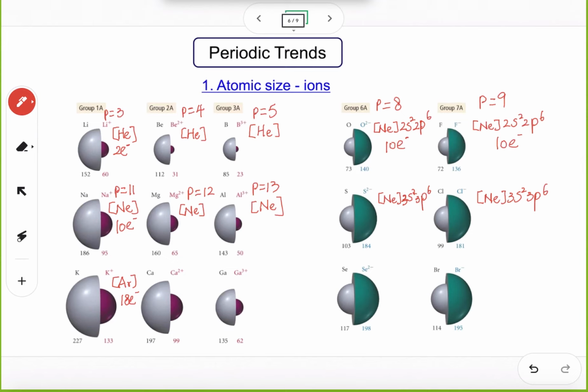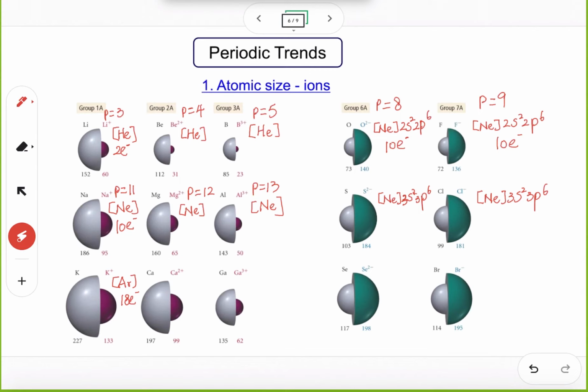Again, because F- has more protons, these 10 electrons will experience a stronger attractive force from the F- nucleus. Therefore, those 10 electrons will get closer to the nucleus. F- would be smaller than O2-. So when you have two ions with the same number of electrons, you compare the number of protons. The more protons you have, the smaller the ionic size.